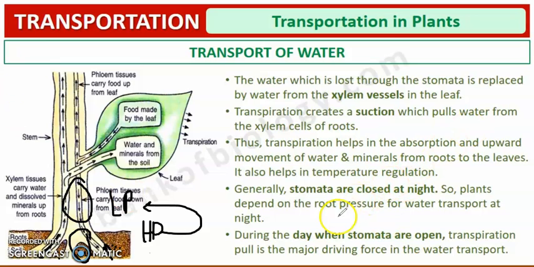So this root pressure is caused by osmosis. Like this, every time it goes up, the ion difference takes place, and water along with the minerals is transported.